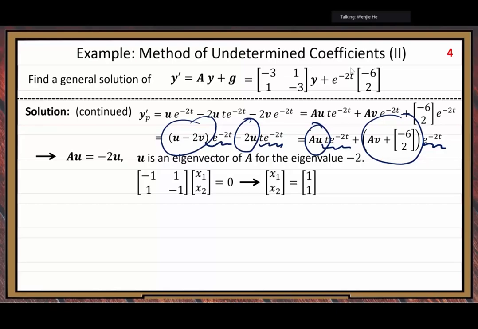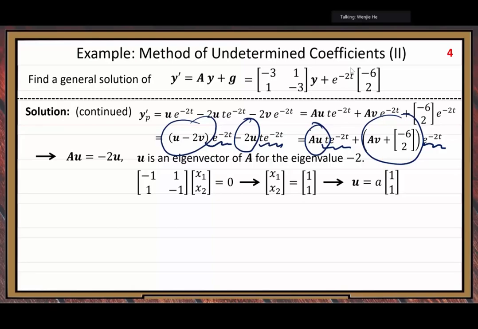So U can be written as a constant A times one of the eigenvectors in the eigenspace. A is an unknown constant to be determined, an undetermined constant. Now that one we choose the representative one. So very simple.